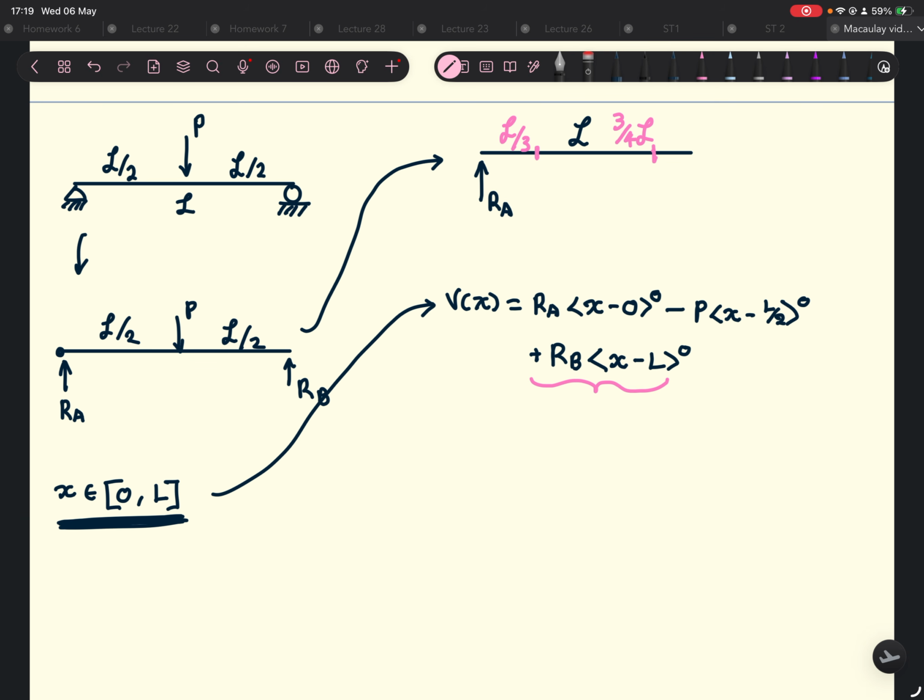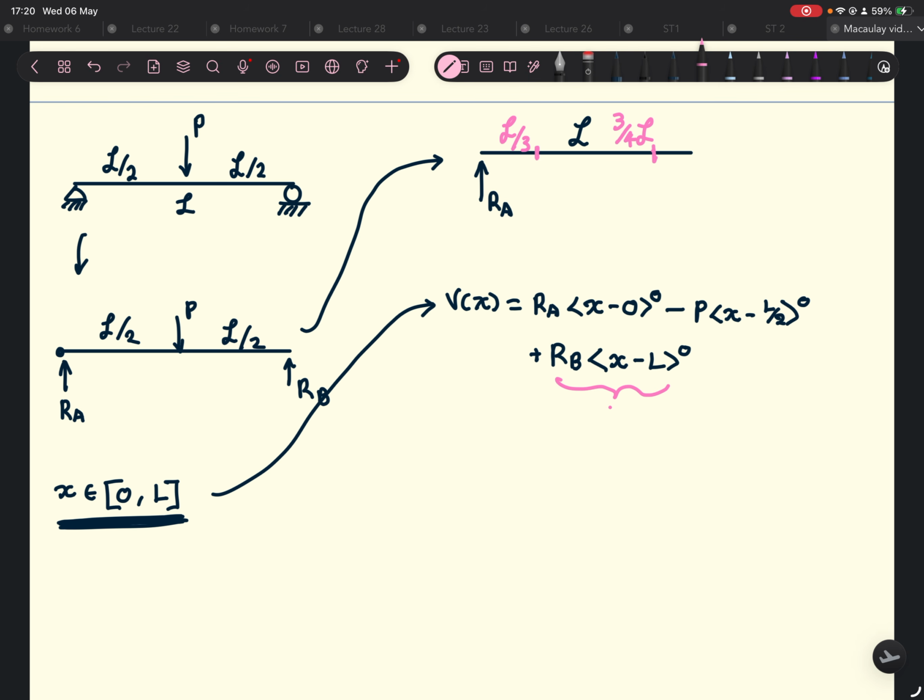So the only point where RB can act is at point L. Anything past that point, it's not acting, right? And it doesn't act before point L. RB is not present here. So any sectioning that you do before this point over here won't include RB. Hope that makes sense. So if you were to plug in the only value x can be for RB, which is L, you'll get 0, right?